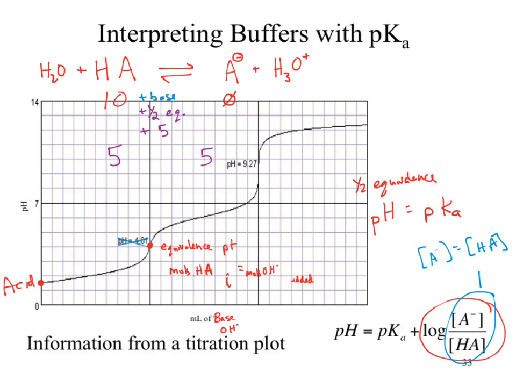Our equivalence point is based off of very specific terms. How much base have we added in comparison to how much acid we started with? Okay? And the base that we're adding is not the conjugate base. It's a strong base. So we have to be careful and not just skip steps and say, well, it's acid and base. Okay? You have to be very, very particular about what terms you're using to refer to each individual piece. So where would the half equivalence point be then?